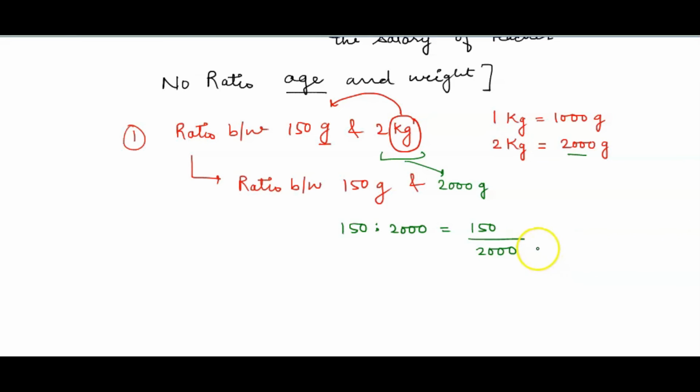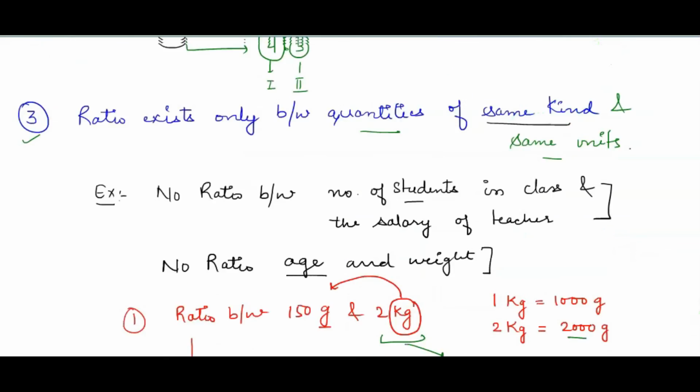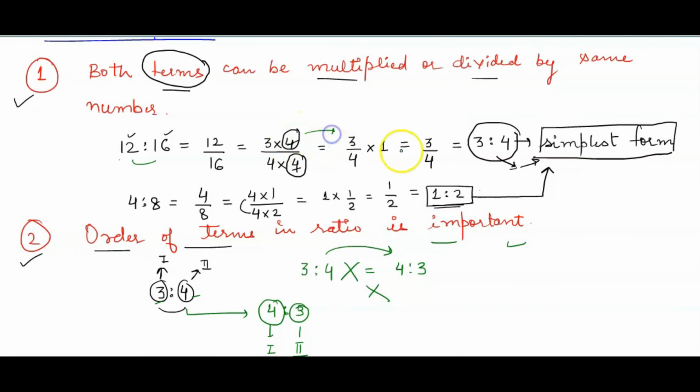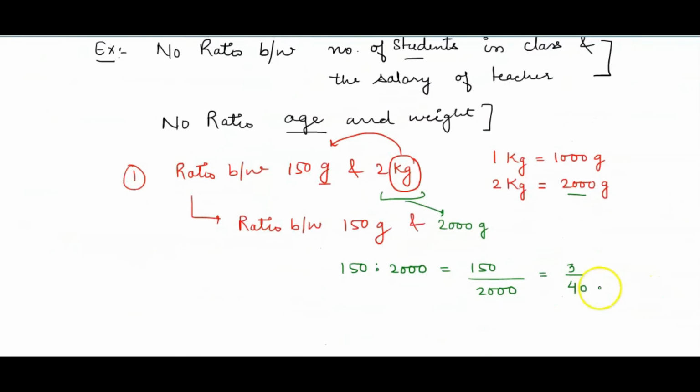If you solve it further, you get 3 divided by 40. Now 3 by 40 cannot be divided further, as 40 is not a multiple of 3, so we have the ratio in its simplest form. So 3 is to 40 is our answer.